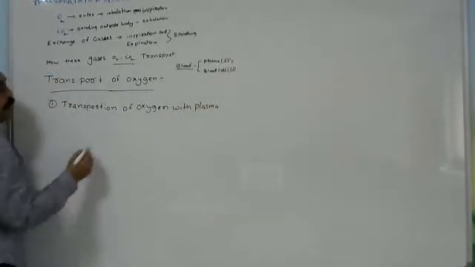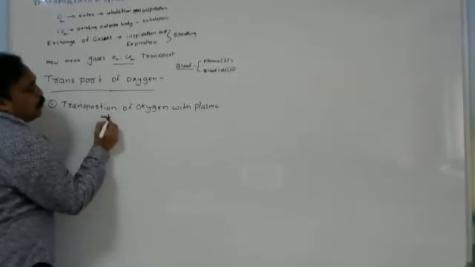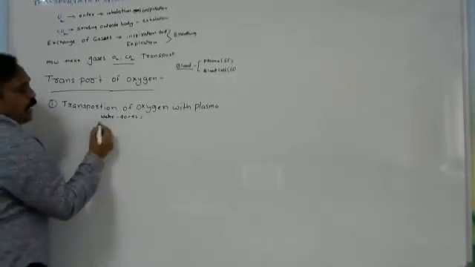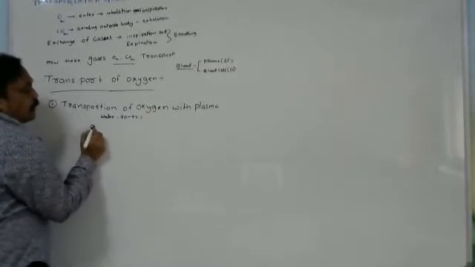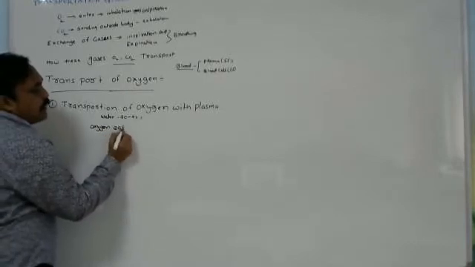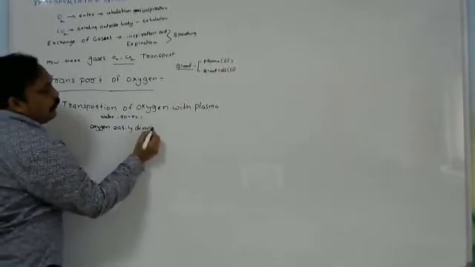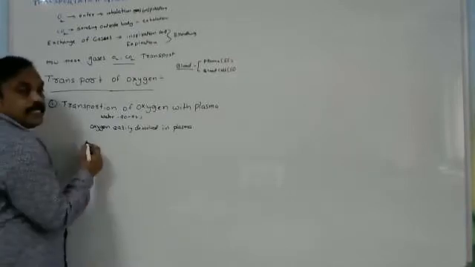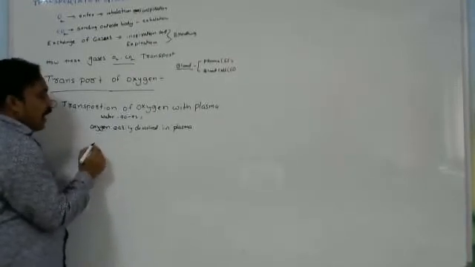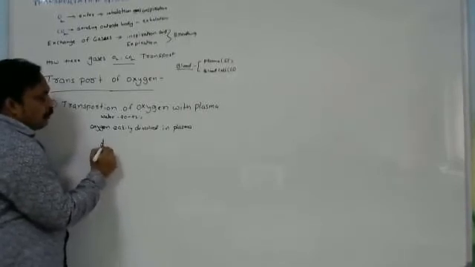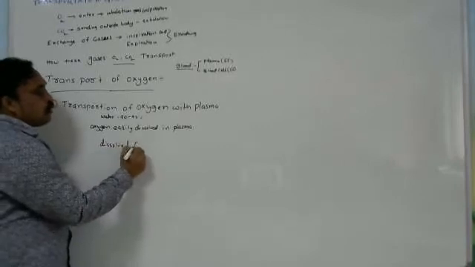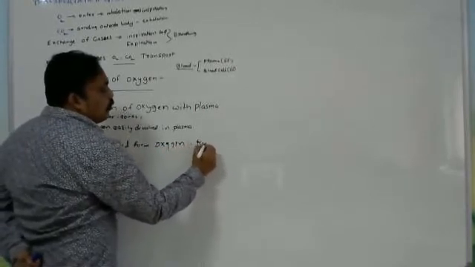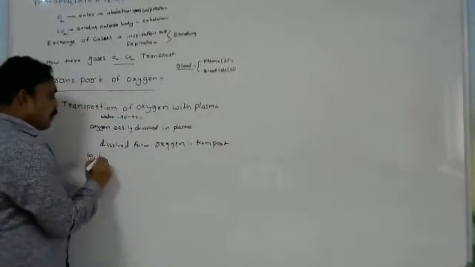In plasma, approximately 90 to 92% is water. So oxygen is easily dissolved in plasma, because the water content in plasma is more. In this dissolved form, oxygen is transported with plasma.